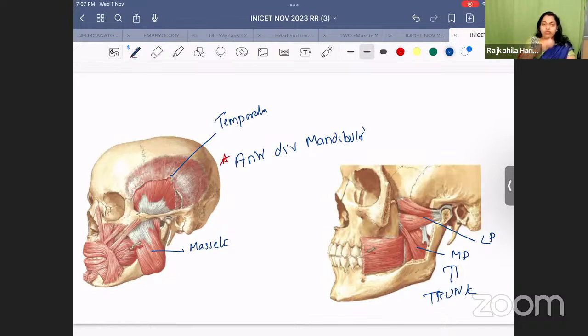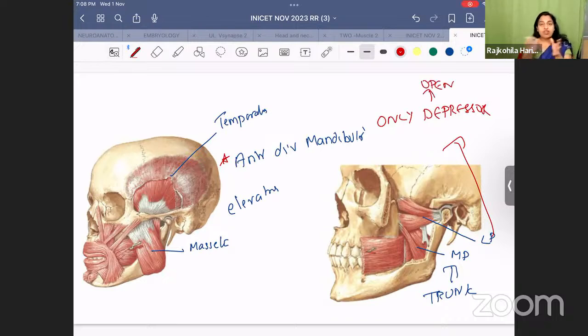And then of these 4 muscles, all of them are going to be elevators of the mandible and close the mouth, except lateral pterygoid is the only depressor of the mandible, which helps to open the mouth. We are talking about the muscles of mastication. Other than that, the suprahyoid muscles that you see, the mylohyoid, the geniohyoid, and the digastric, they will also pull the mandible down and open it.